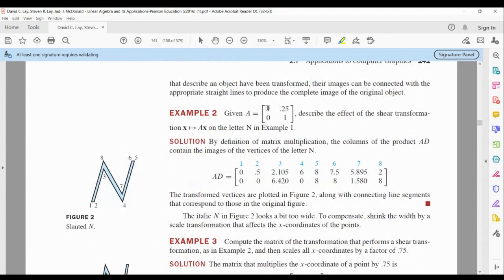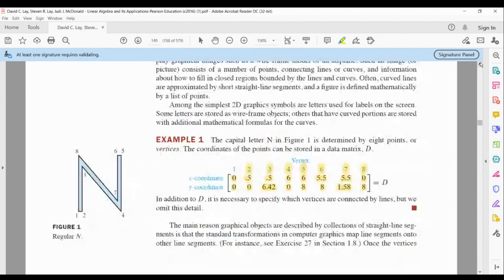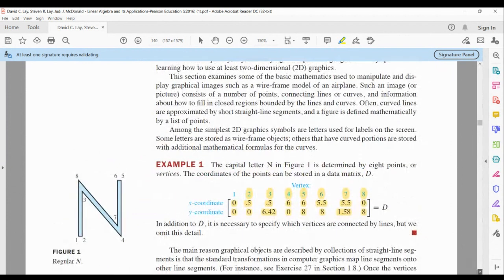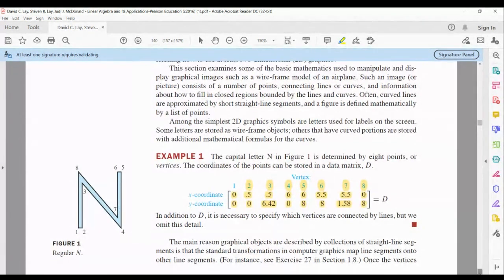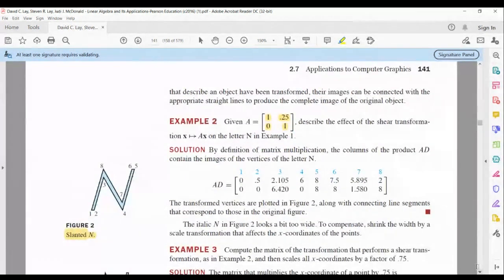So what if we were to cause that matrix N to bend, to slant, like you see here in figure 2? In figure 1, the letter N is upright, vertical. But in figure 2, we want to slant the N. So that's doing activity on the N. The way you do that is a transformation. You have to do a shear transformation.